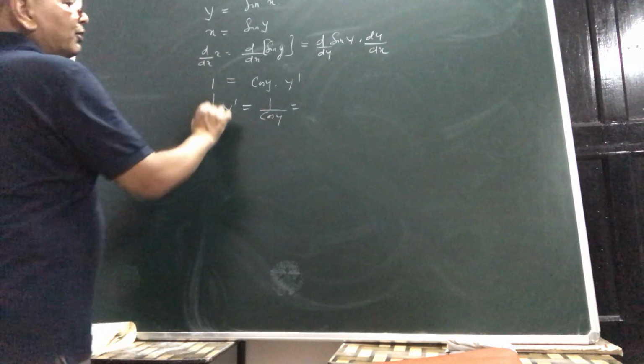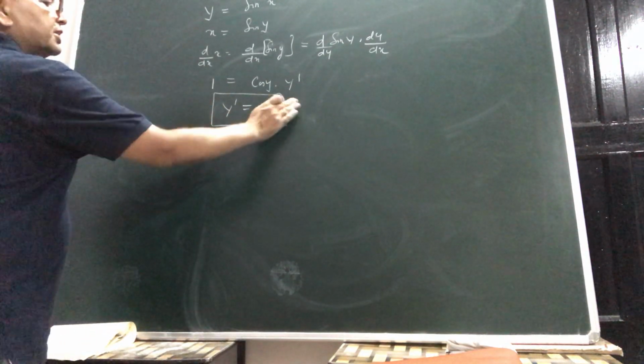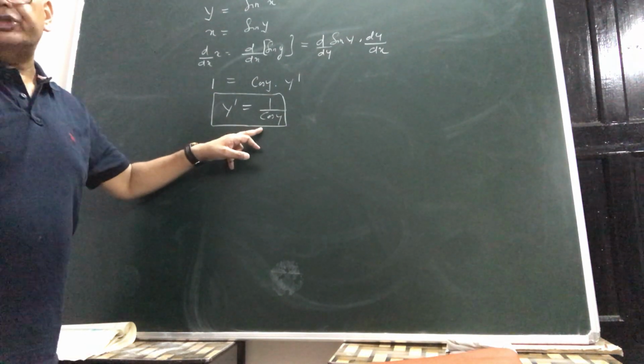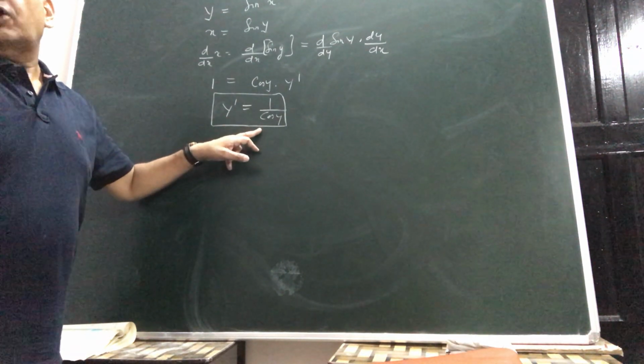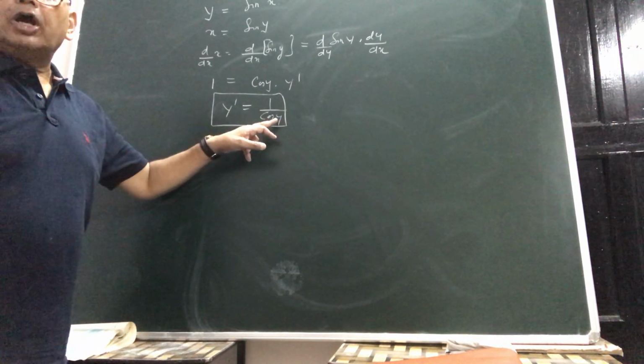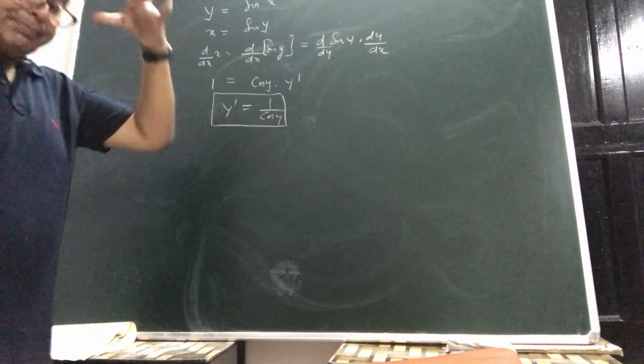Please see, one thing I would like to make you very cautious about here: the derivative will not exist when cos y is 0. Cos y is 0 when y becomes pi by 2 or minus pi by 2.